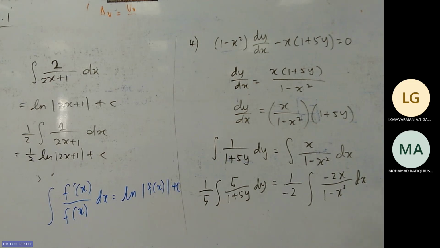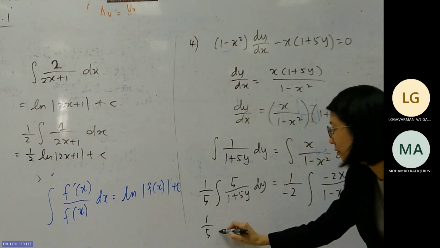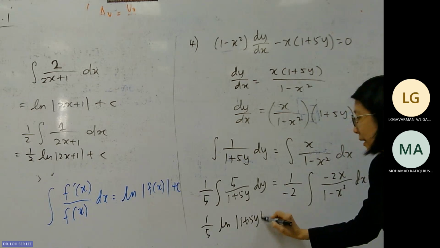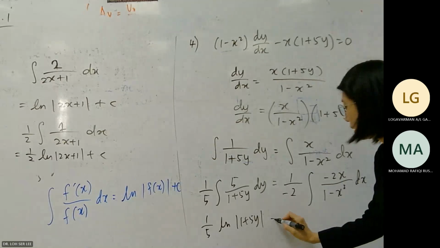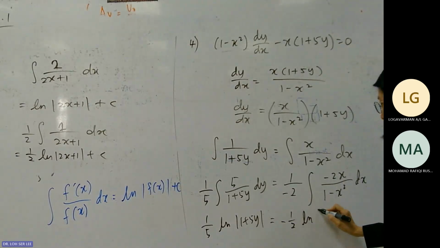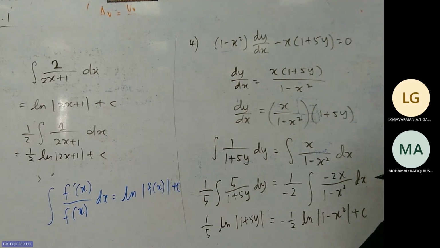But we can only manipulate a constant. If you need an extra x inside, we can't multiply x and then divide x outside. No. We can only multiply a constant inside and divide the constant outside. Then this will be 1 over 5 ln of 1 plus 5y equals negative half ln of 1 minus x squared. Then you get the answer.